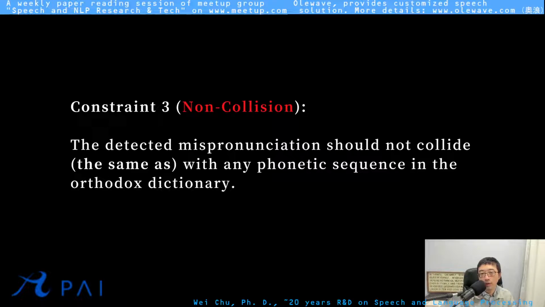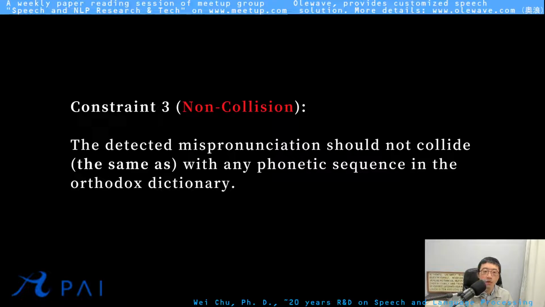It's very simple and easy to understand. The newly added pronunciation should not collide with any phonetic sequence in the orthodox dictionary. So in this way, I prevent a correctly pronounced word from being misrecognized as a mispronunciation.